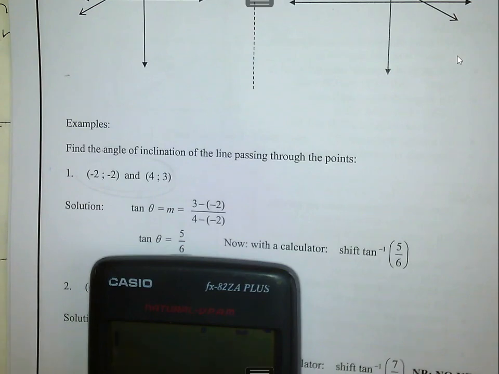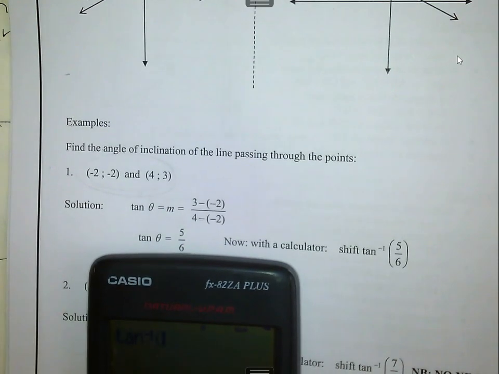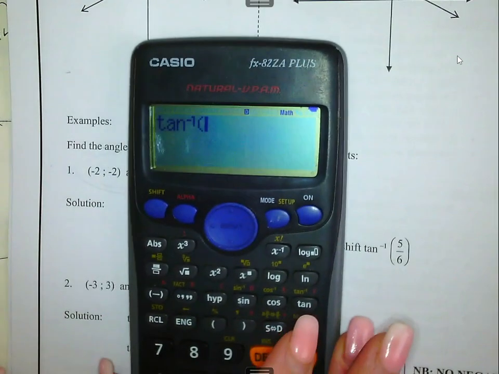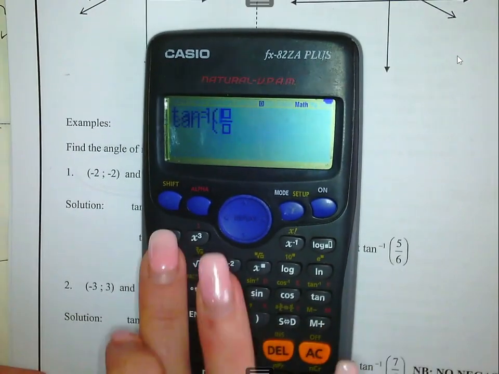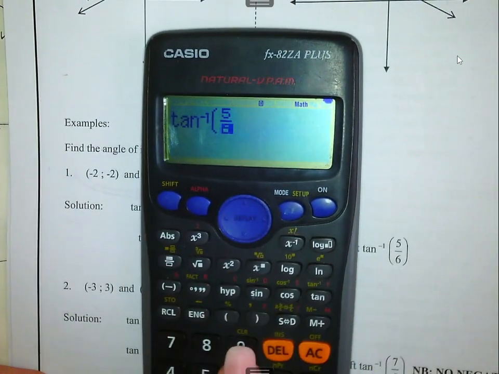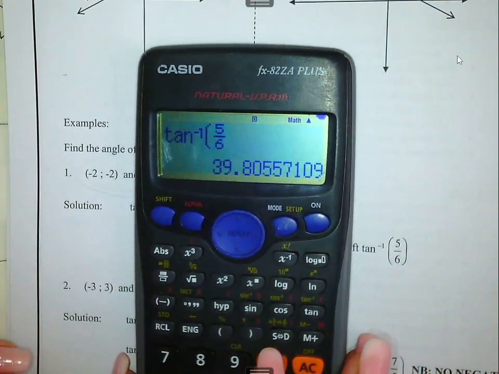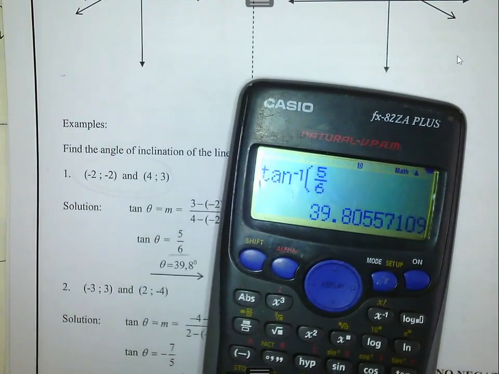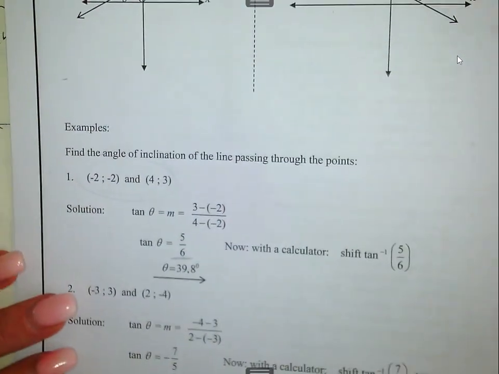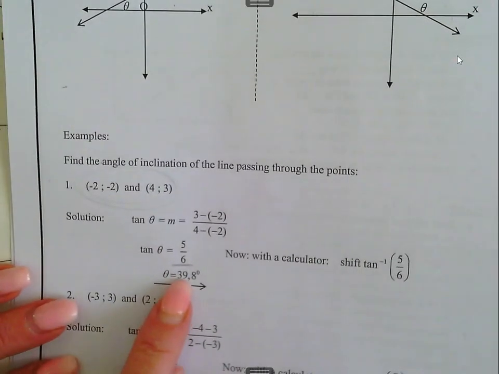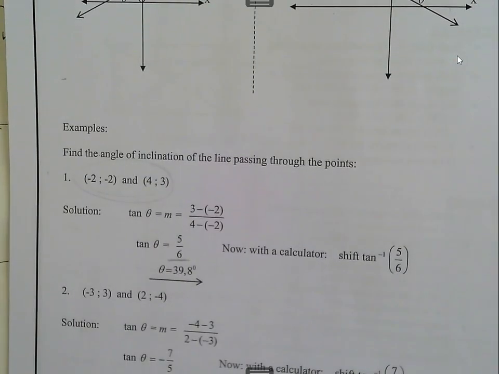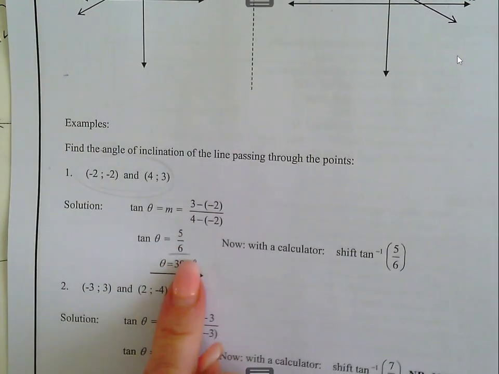Then we're going to have to press shift tan, then the fraction 5/6 and equal to, and you get an answer of 39,80. Does that make sense? That means the angle that the line makes with the x-axis is 39 degrees, if the gradient is 5/6.